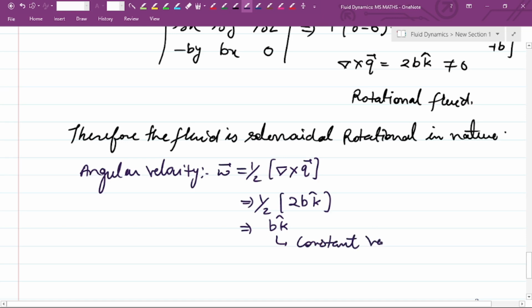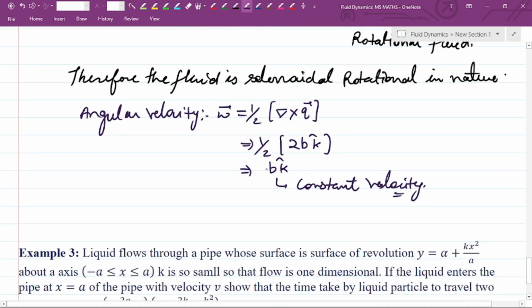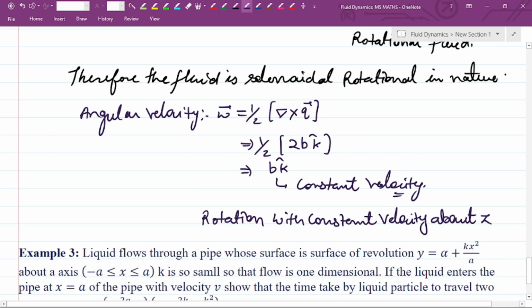So with the constant velocity, it is rotational with respect to the z-axis. What does it represent? It represents constant rotation with constant velocity about the z-axis.